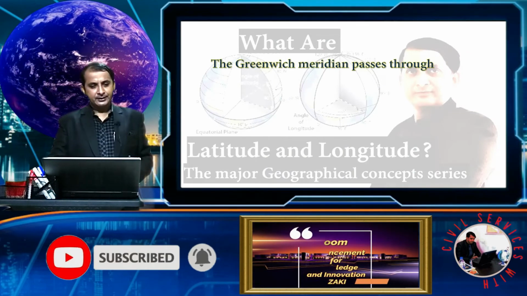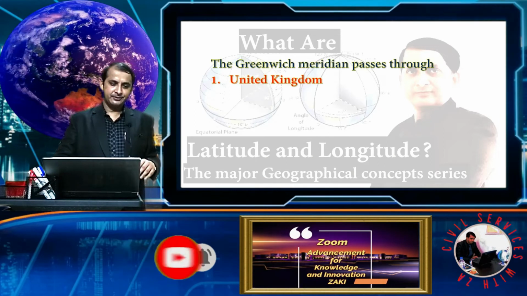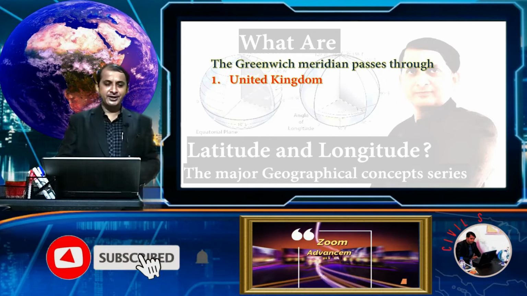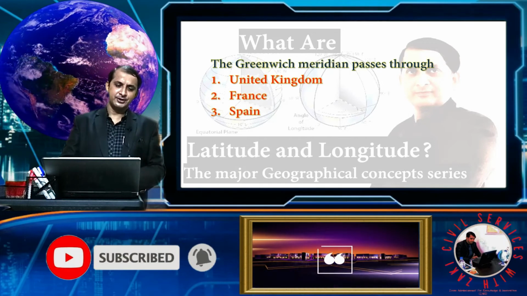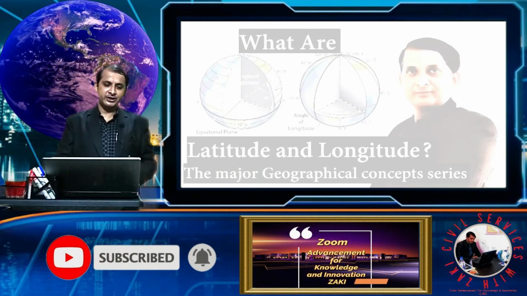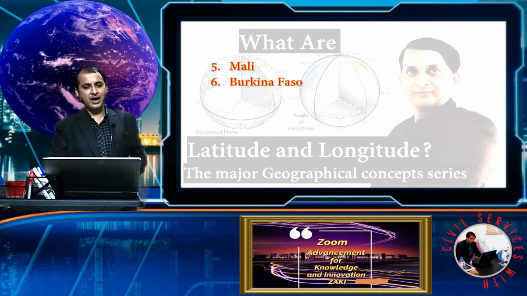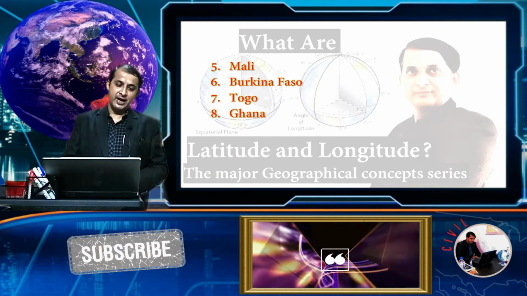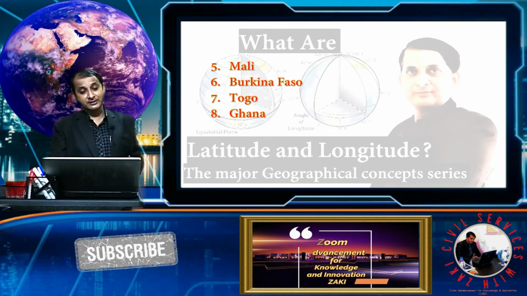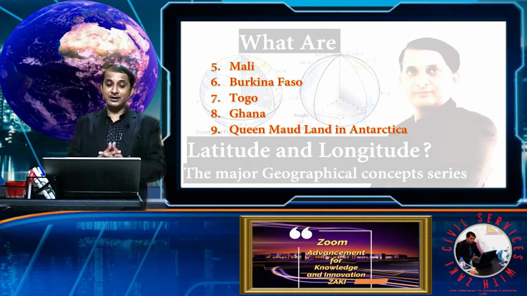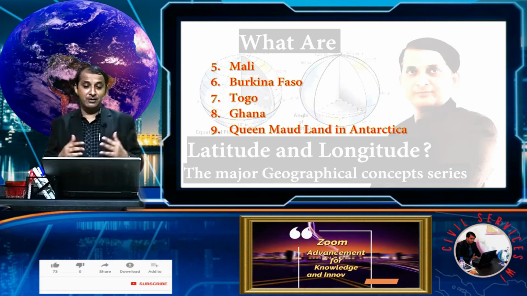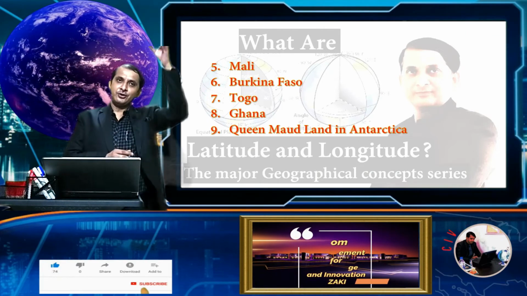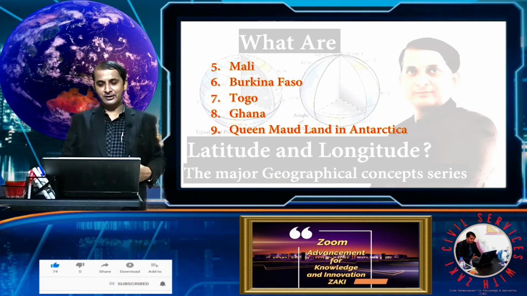So see here, there are 9 countries or places: United Kingdom, France, Spain, Algeria, Mali, Burkina Faso, Togo, Gabon, and the 9th is situated in Antarctica. It is called Queen Maud Land in Antarctica. So these areas are situated on the prime meridian.